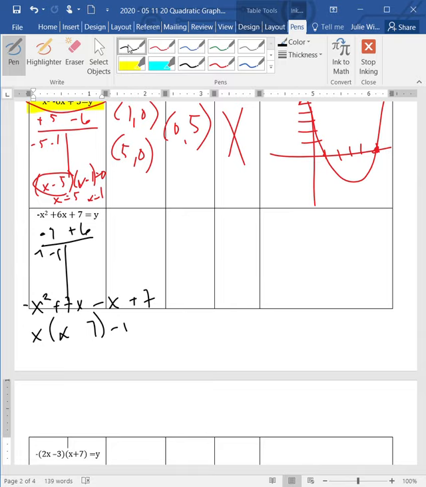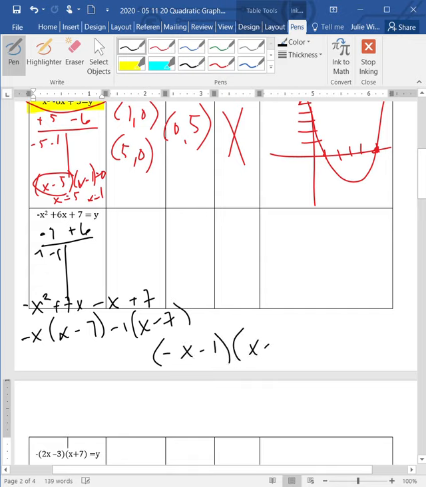So if I factor out a negative x, then it would be x minus 7. And then you're going to factor out your negative 1, and you're going to get x minus 7 over here. Okay, so your two factors are going to be negative x minus 1 and x minus 7.